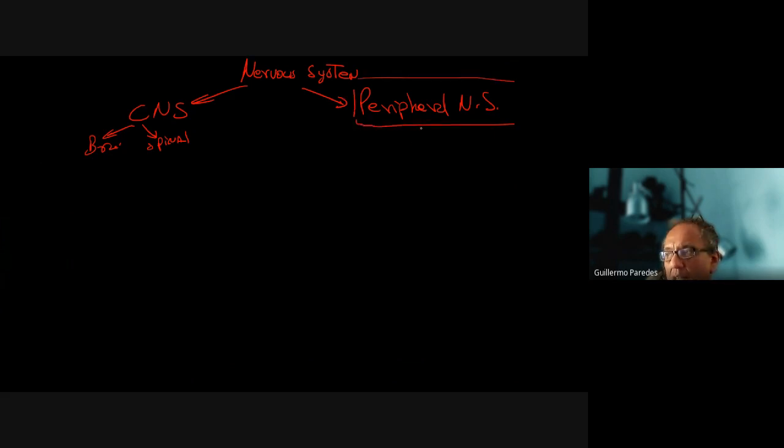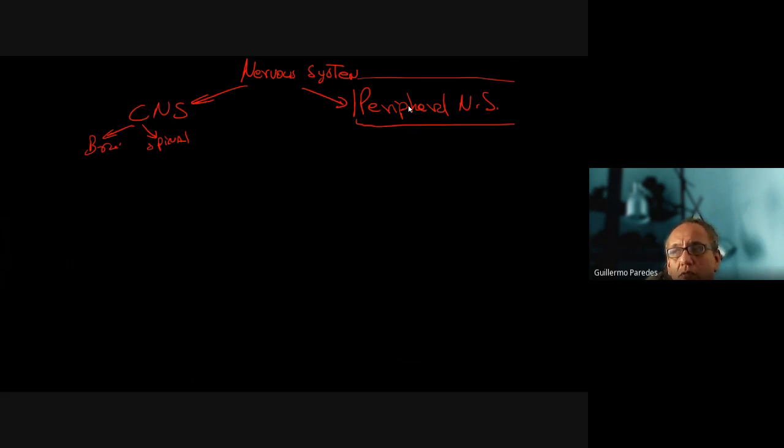The peripheral nervous system is all those spinal nerves that are coming out, and the origin will be the spinal cord. The spinal cord is central nervous system. Whatever is coming out from there is called the peripheral nervous system.